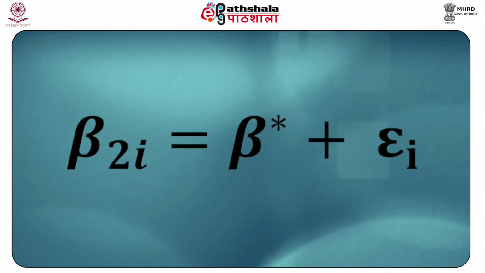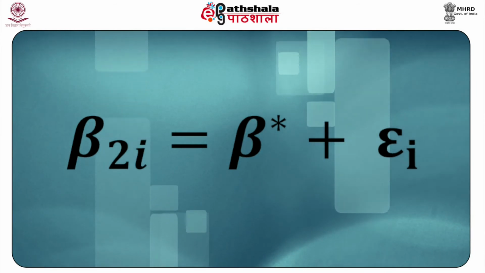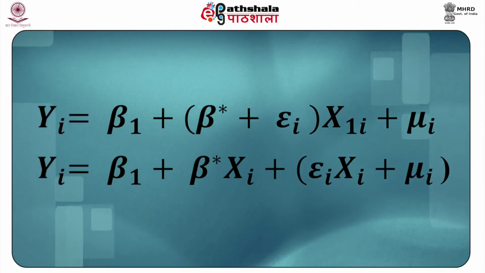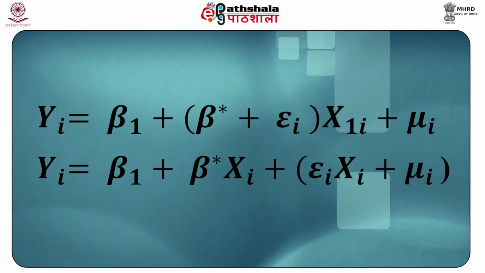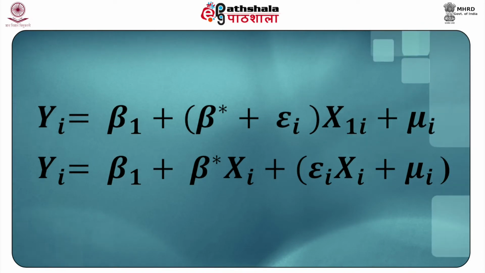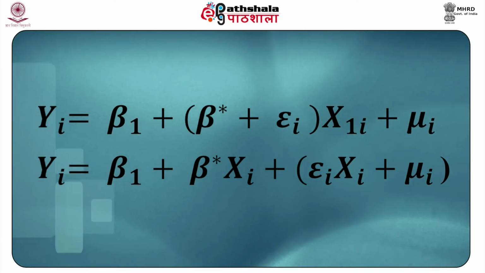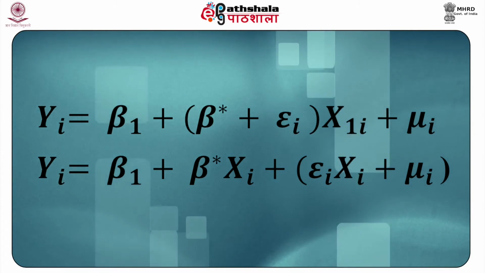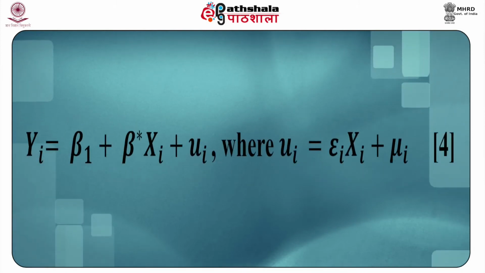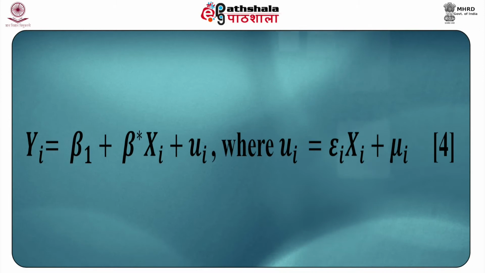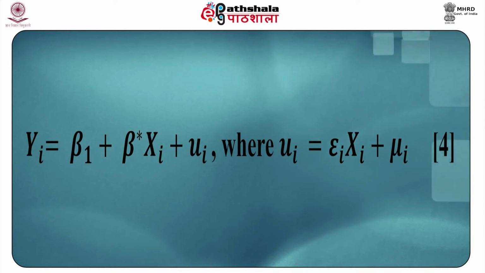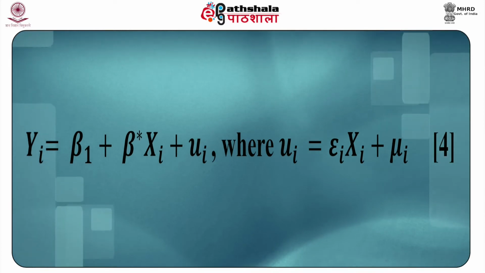Then we can say beta_2i = beta star + epsilon_i, or y_i = beta_1 + (beta star + epsilon_i) x_i + mu_i, or y_i = beta_1 + beta star x_i + epsilon_i x_i + mu_i, or y_i = beta_1 + beta star x_i + mu_i, where mu_i now is equal to epsilon_i x_i + mu_i.